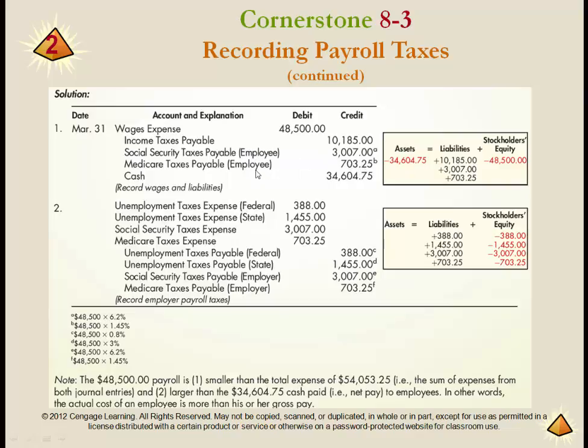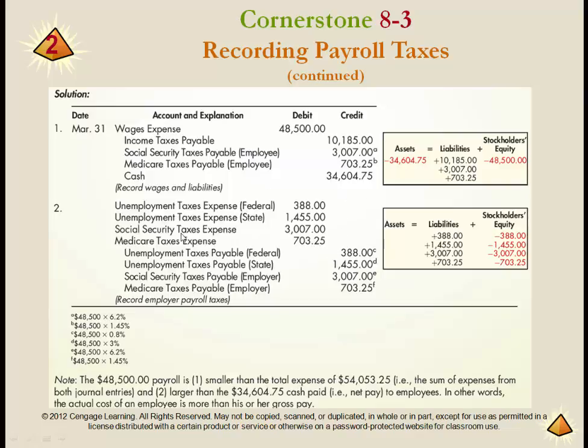And you notice here it says employee and employer. Well, down here, take a look. This number and this number, these two numbers are exactly the same. What that says is your employer is matching whatever they take out of your check, and they're remitting that as well.